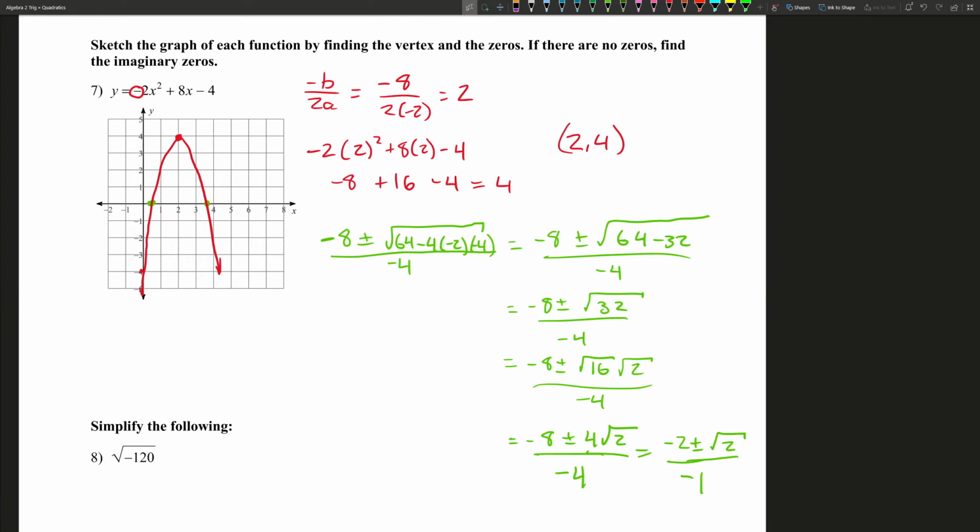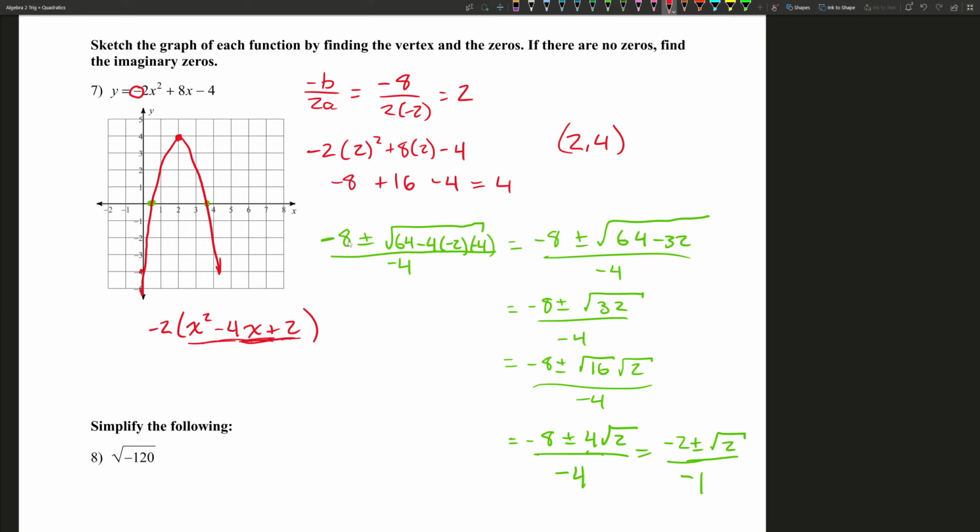I started out foiling and then used the quadratic formula because if you factor out a negative 2 from everything, which I like to do just to keep this clean because there's a factor of 2 in everything, you get this, right? So we need to FOIL the inside here.